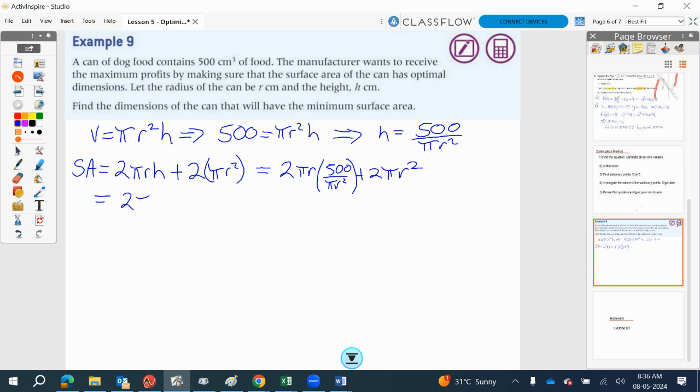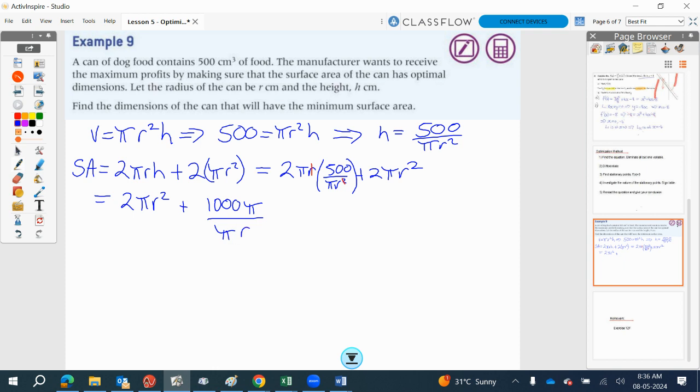I'm just going to put this at the front. 2 pi r squared plus 2. So this r here can cancel that squared there. 2 times 500 is how much? So we have 1,000 pi all over pi r.